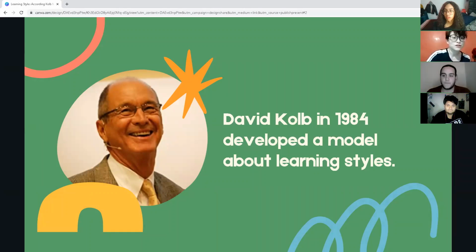The principal actor or the main character of this model is David Kolb, and he published in 1984 a model of learning styles, as well as a theory of learning experiences.